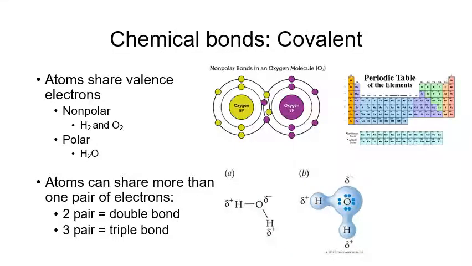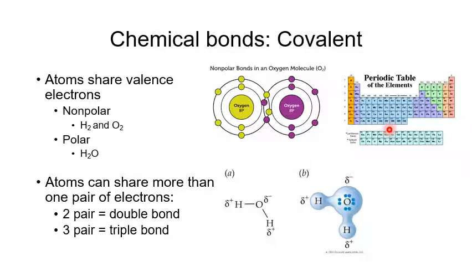Alright, so for non-noble or unstable elements like carbon, nitrogen, oxygen, these elements need to gain electrons to become similar to these noble gases, or elements over here have to lose electrons.